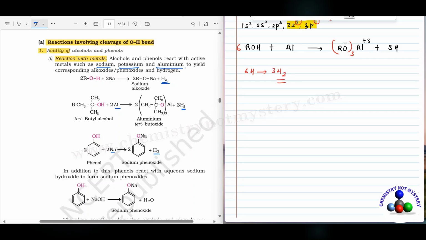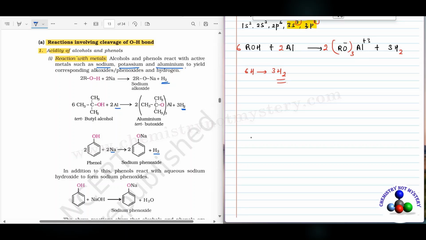So that's why 6 moles of alcohol react with 2 moles of aluminium, as 1 aluminium can donate 3 electrons, and here we require 6 electrons for 6 H plus ions. So that's why we have to take 2 moles of aluminium. When it reacts, it will form 2 moles of aluminium alkoxide, and that's how 3 moles of hydrogen will be removed.